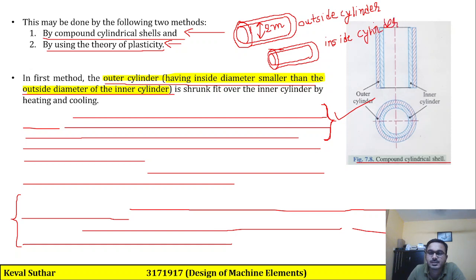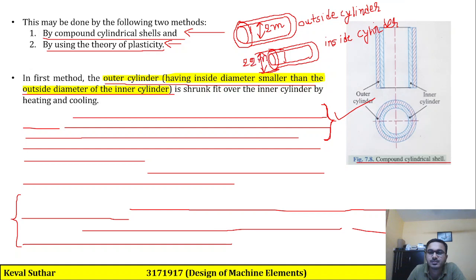Let us say that the outside diameter of this inside cylinder is 2.2 meter.